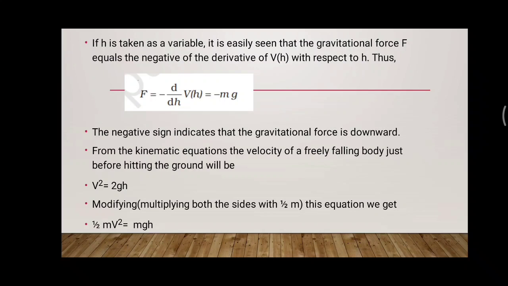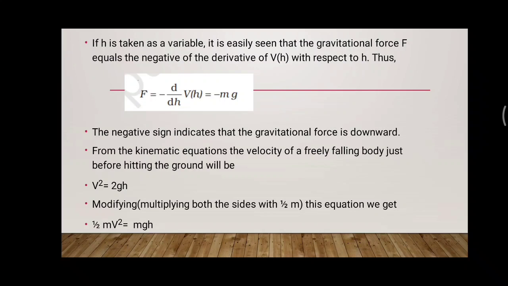So v square is equal to u square plus 2gh, where u square is 0, so v square will be equal to 2 into g into h.